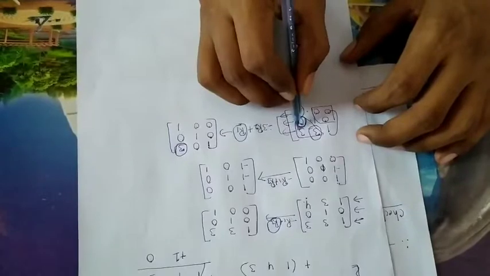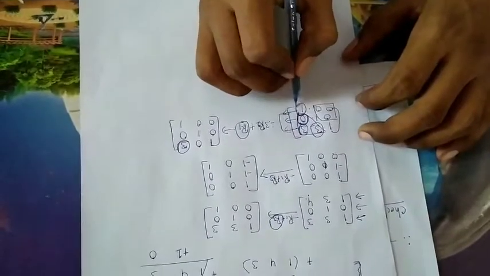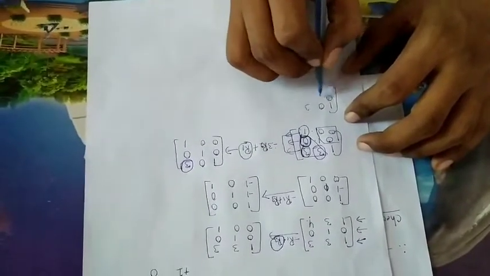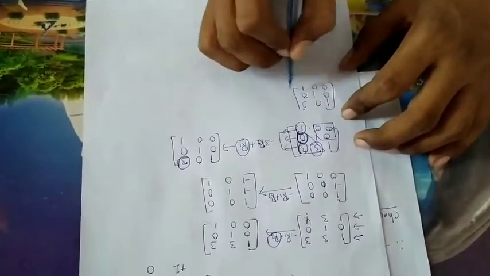So I need to make this value 0, and I use the third row. So 1 0 3, 0 1 0, 0 0 1.